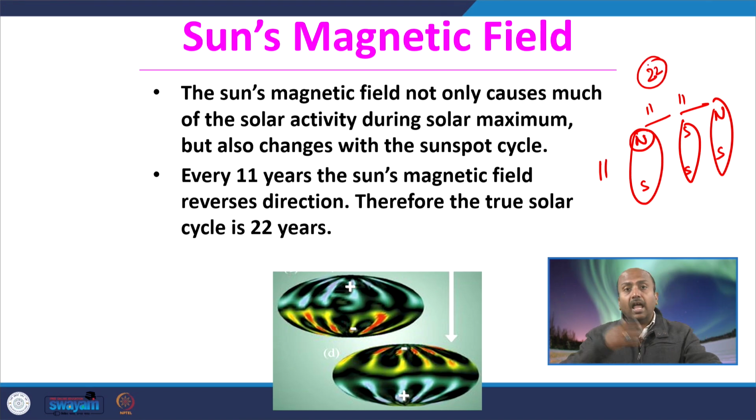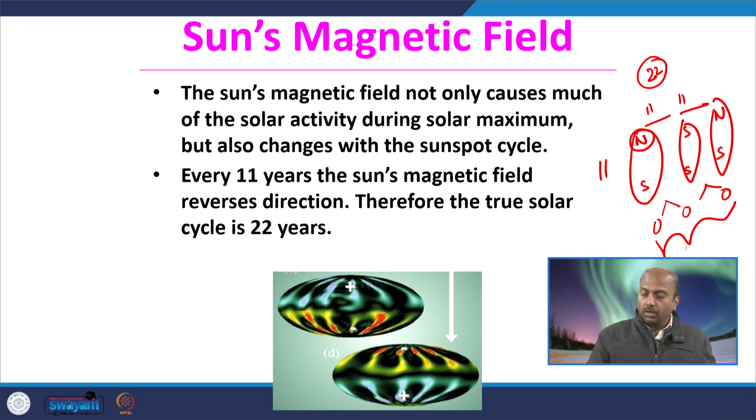So, the full activity period, because within these 11 years, you have one maxima, beginning with a minimum and then ending with a minimum. You will get one maxima ending with another minimum, right? So the total period of time is 22 years.